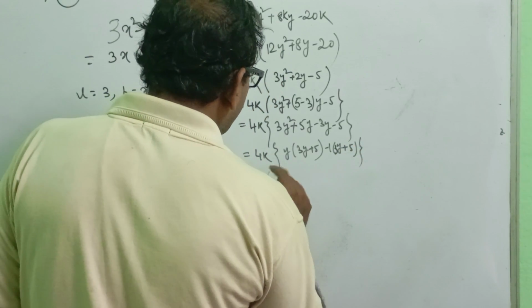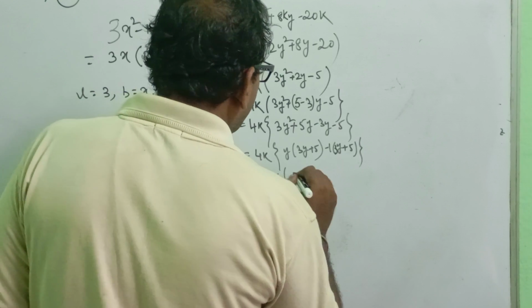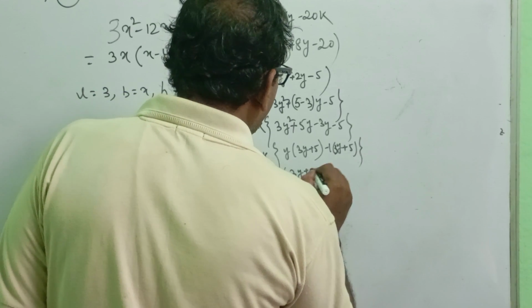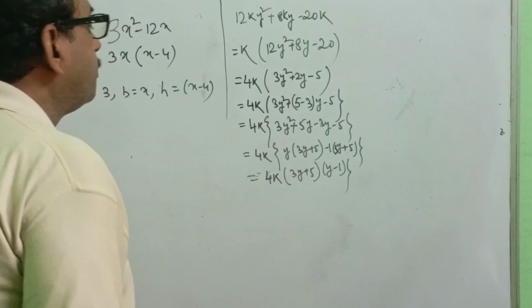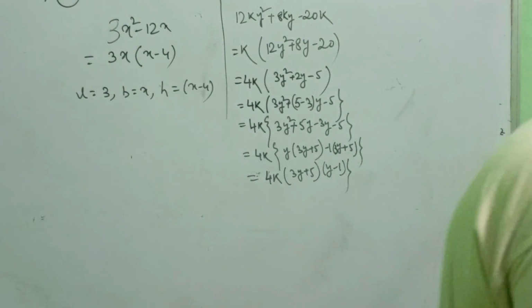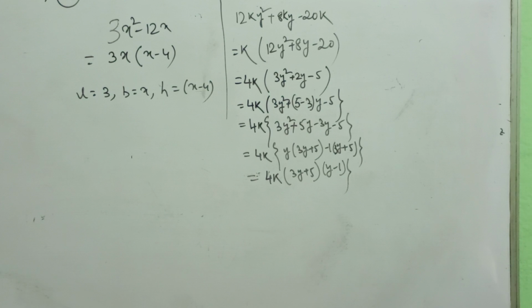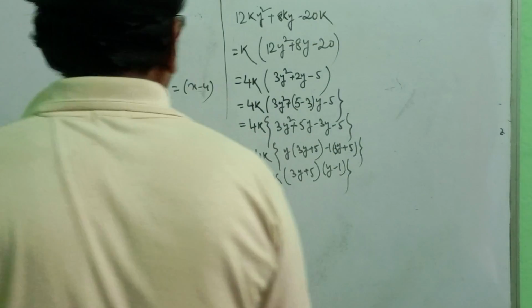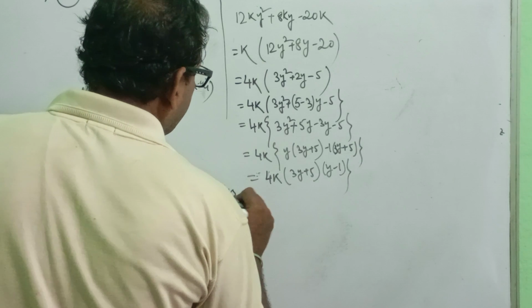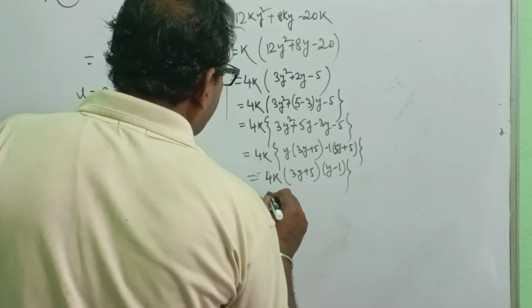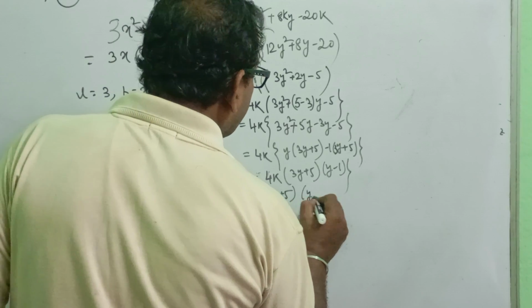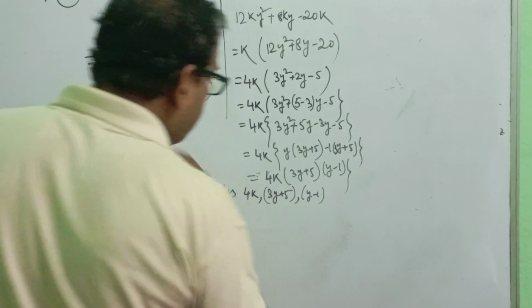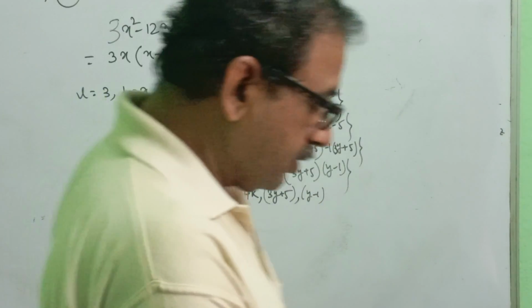Now this is 4k, (3y plus 5), (y minus 1). And the answer is 4k and these 3 factors.